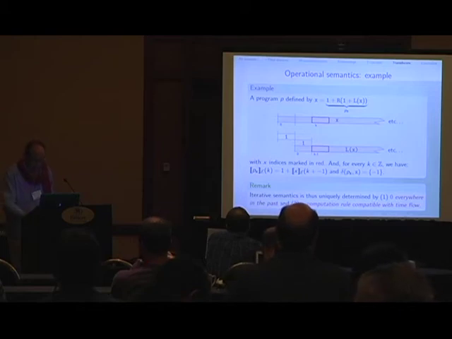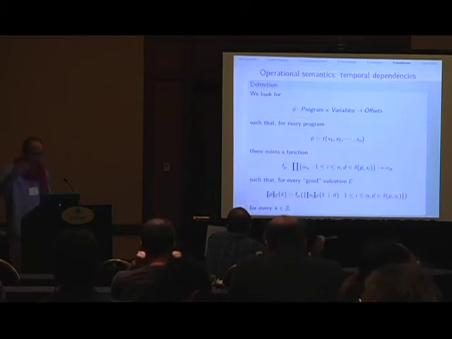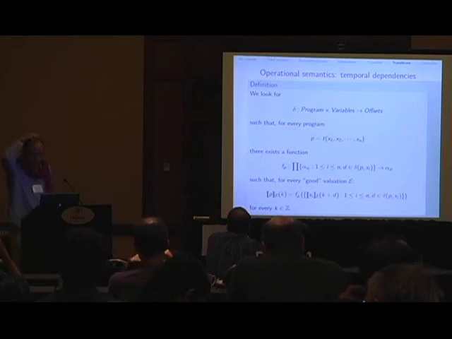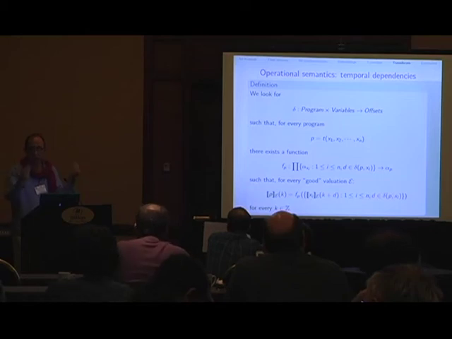And probably there are many links with what I heard 2 days ago and what I'm doing. So there is some notion of temporal dependency I can compute syntactically on the program. This is some delta that takes two arguments, a program and a variable, and tells what the offset will be.